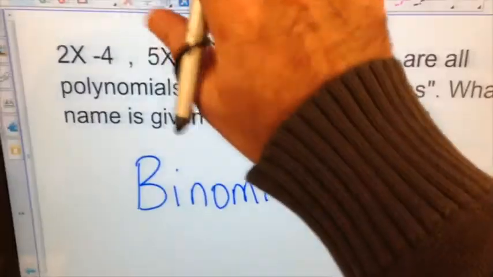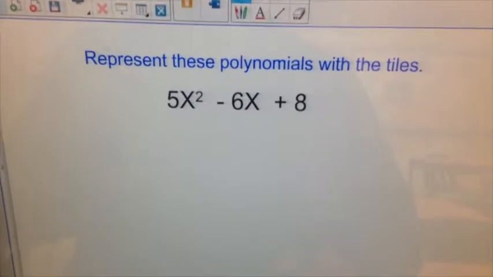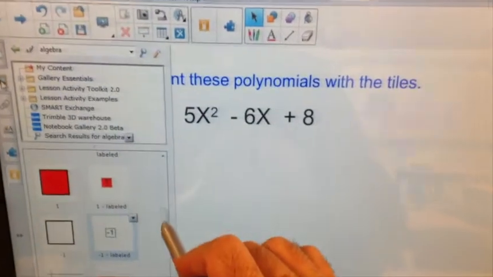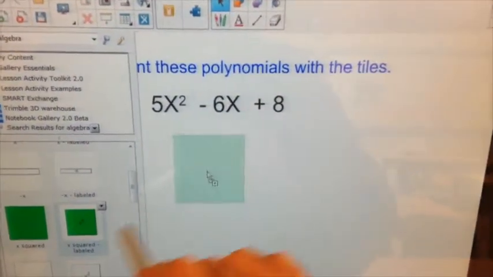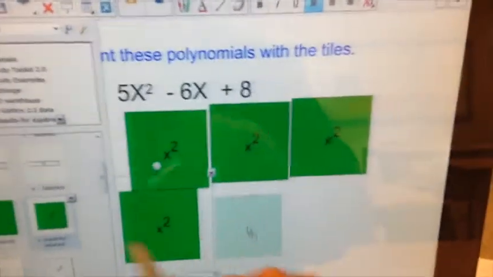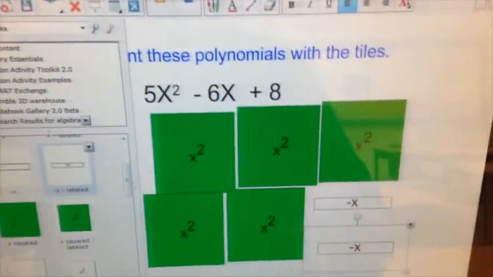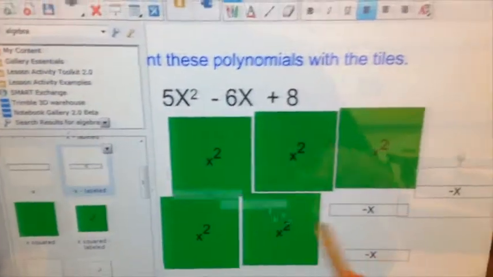All right. Finally, represent the polynomial negative 5x squared minus 7x plus 8. So we are going to go, it's positive 5x squared. So 1, 2, 3, 4, 5. We need negative 6x. 1, 2, 3, 4, 5, negative 6.